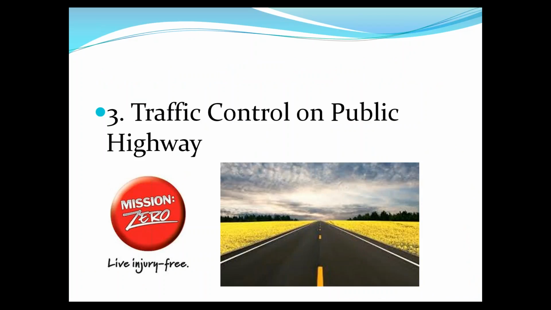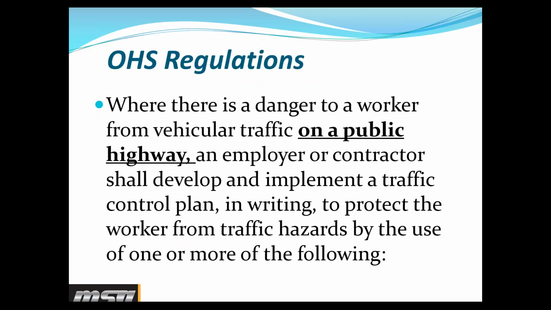Let's go to Section 3, Traffic Control on Public Highway. Where there is danger to a worker from vehicular traffic on a public highway, an employer or contractor shall develop and implement a traffic control plan in writing to protect the worker from traffic hazards by the use of one or more of the following.